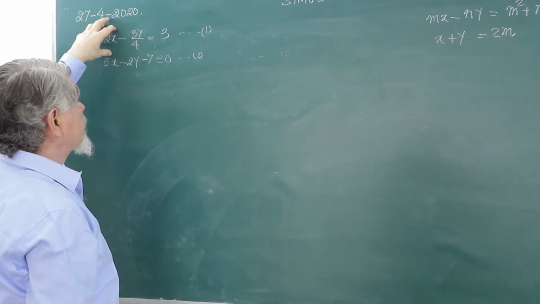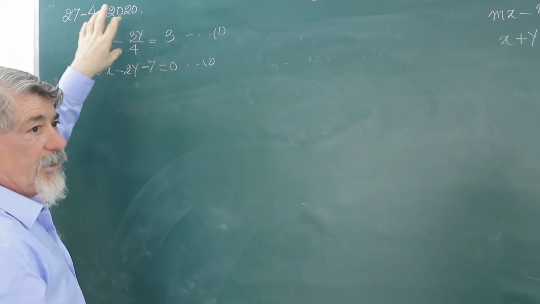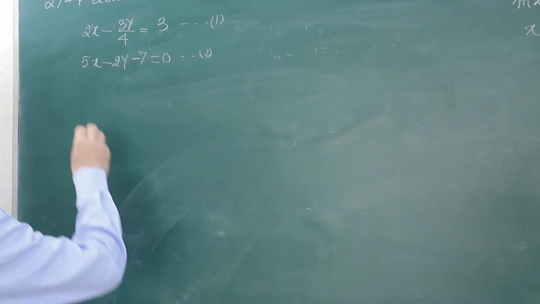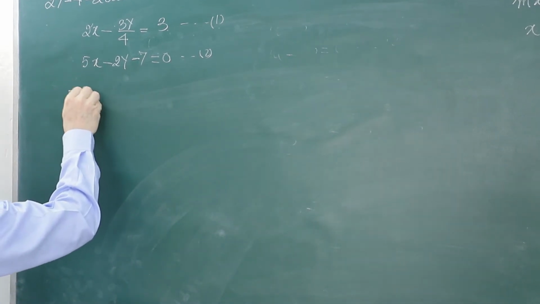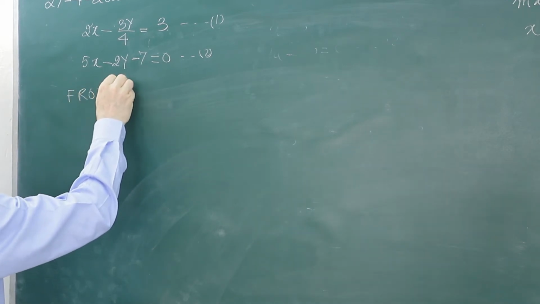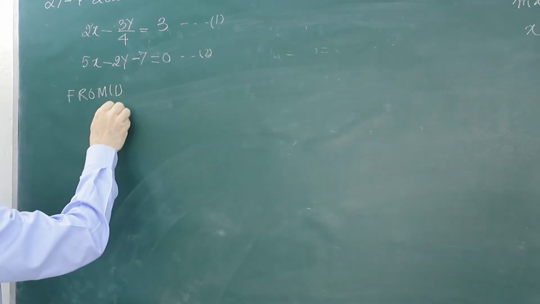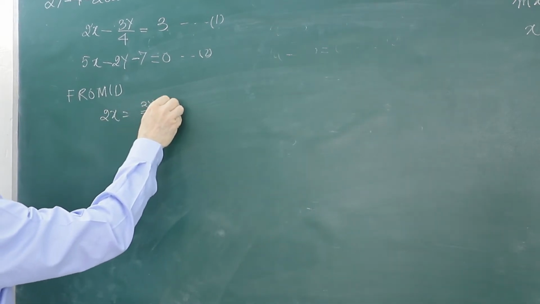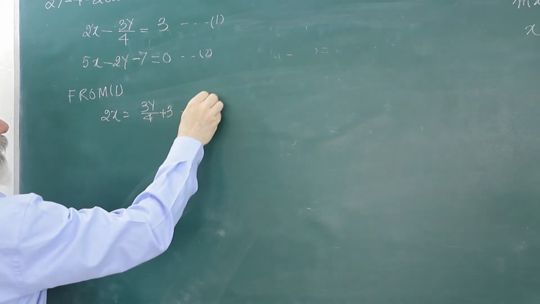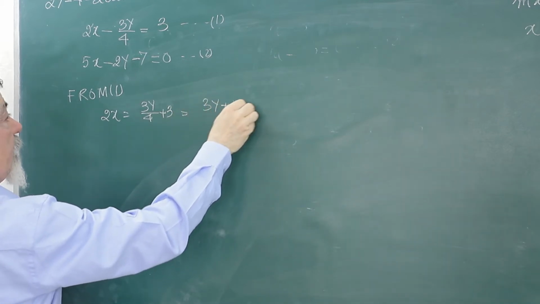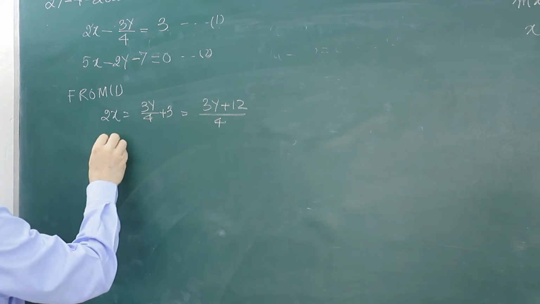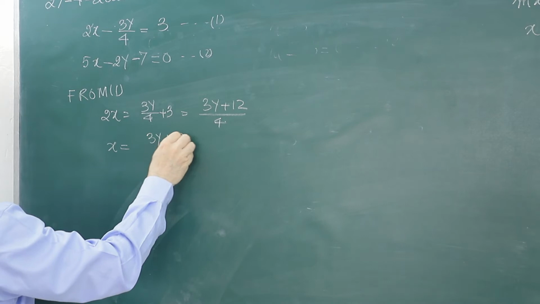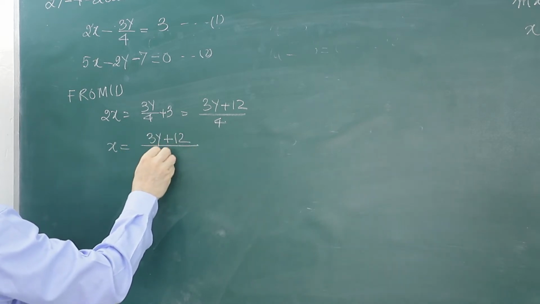Now from the first equation I will calculate the value of x in terms of y and substitute it in equation 2. From 1, I have 2x is equal to 3y upon 4 plus 3. That is 3y plus 12 upon 4, or x will be equal to 3y plus 12 upon 8.